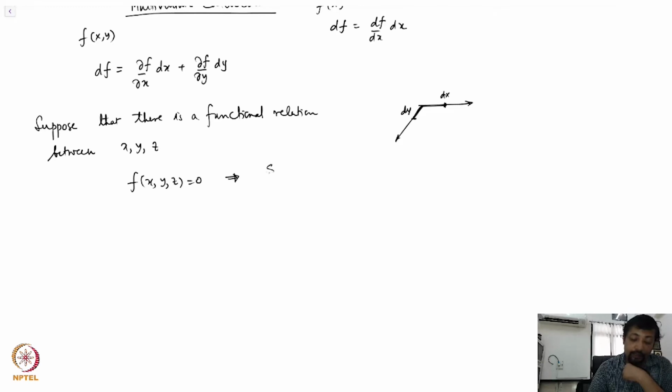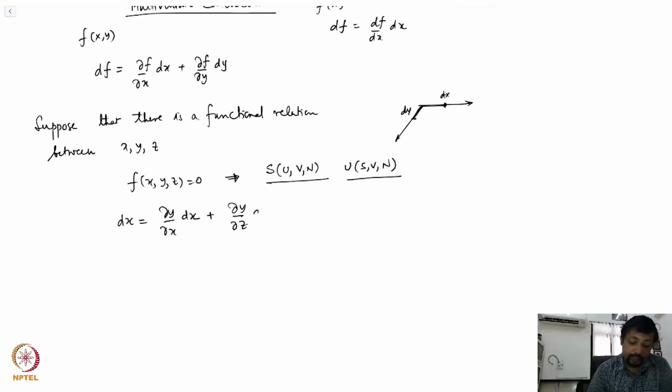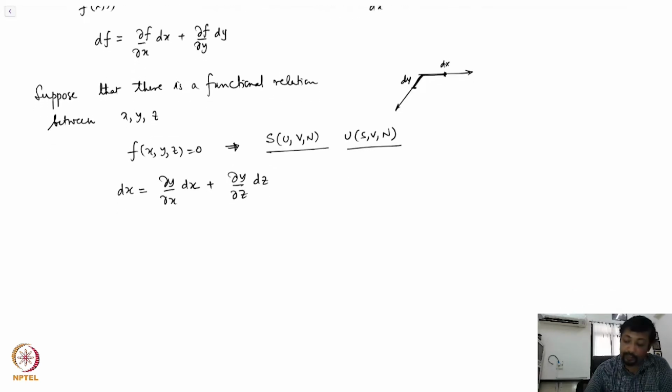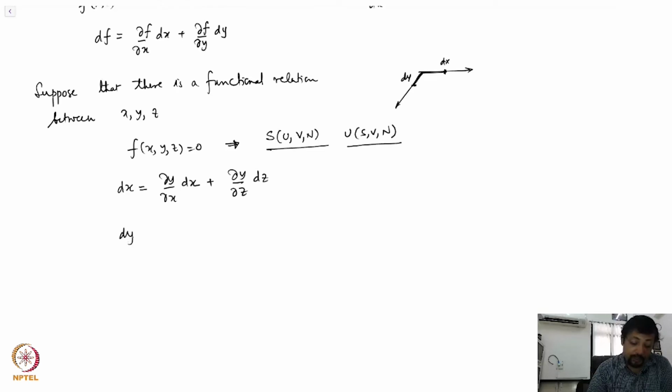You can imagine the example being S(U, V, N) or U(S, V, N). So this describes a manifold. Then if such is the relation, I can write down dx, where x can be a function of y and z, and I can do the same exercise and write down dy.